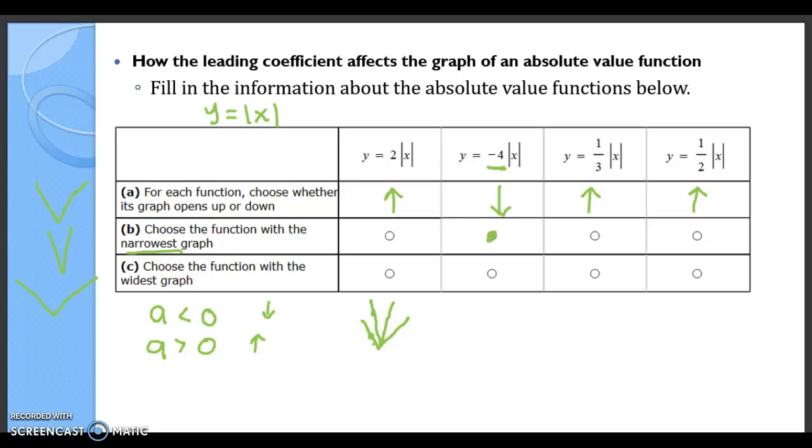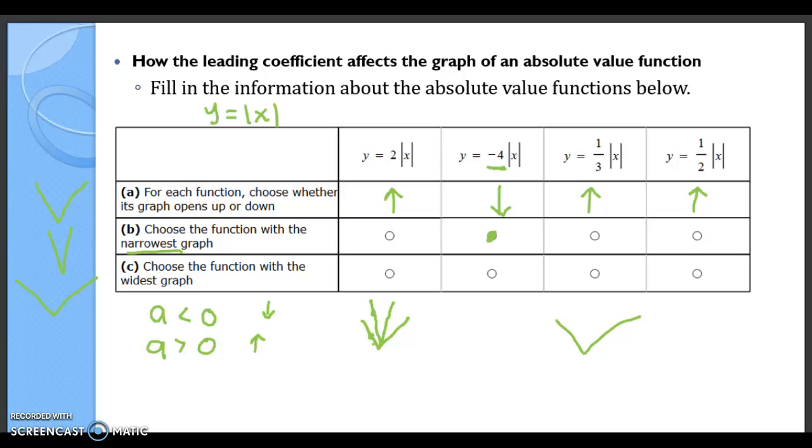Now the opposite happens when there's a fraction or a value less than 1, or in between -1 and 1. And that is that we start getting wider. And the smallest fraction ends up being the one where it gets the widest, because we're taking our outputs and now we're dividing them by a number.